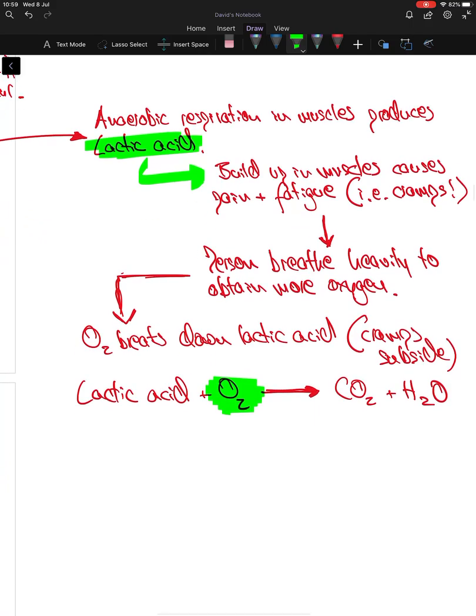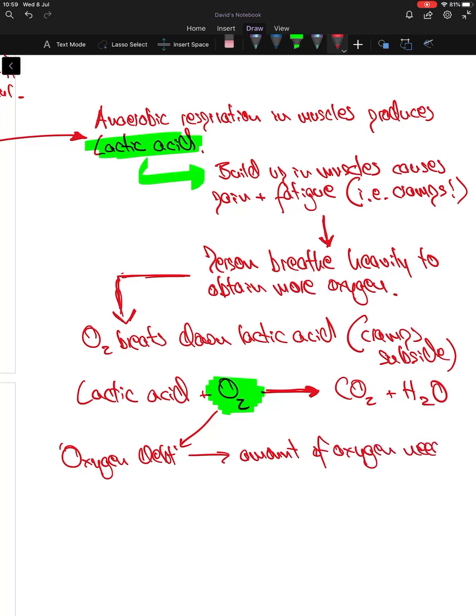Oxygen debt is the amount of oxygen needed to break down and remove lactic acid from muscles.